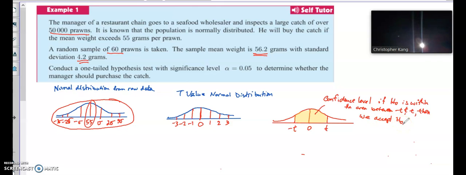Okay, and therefore we would accept that the mean that we assume to be true is actually true. However, if we get a value that is greater than t or less than negative t, if the value you get right here is outside of these t values, then we would reject the null hypothesis and accept the alternative hypothesis.